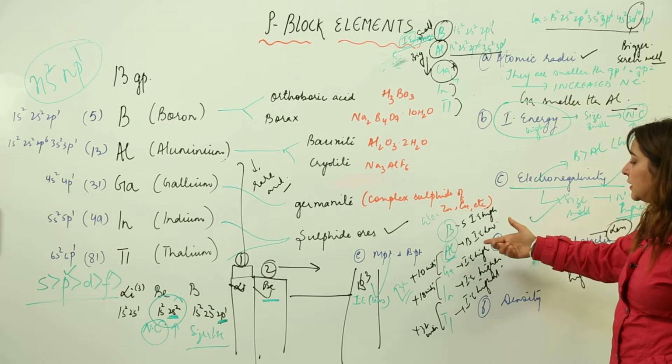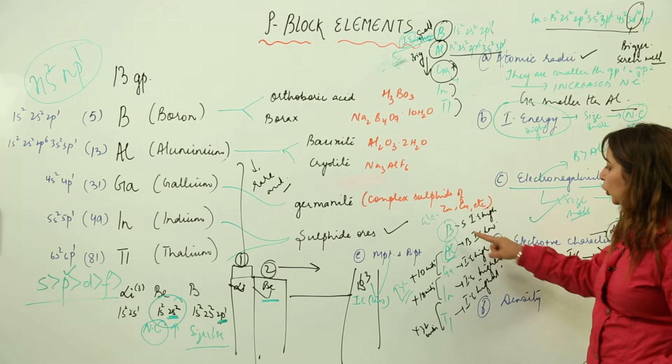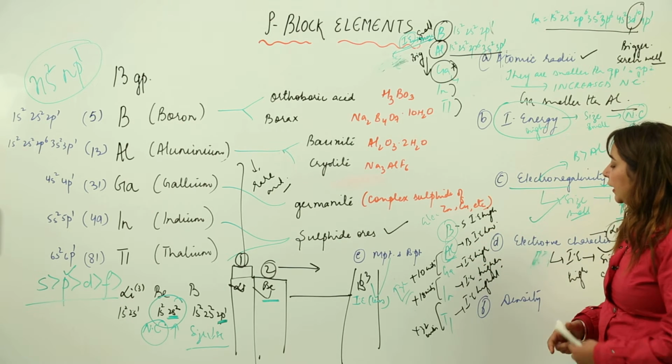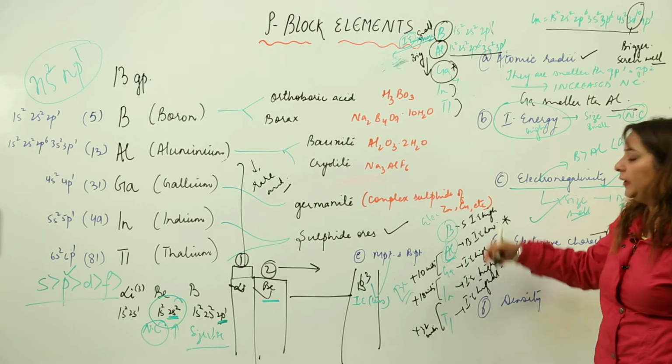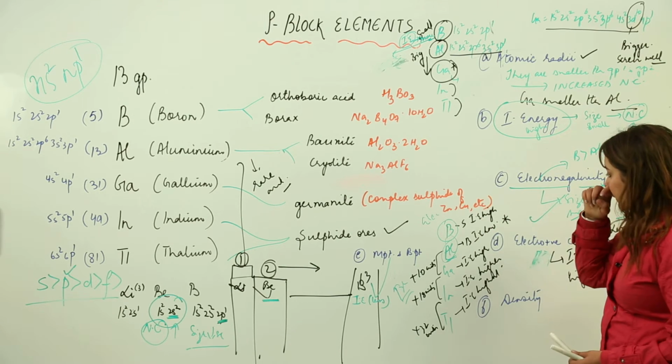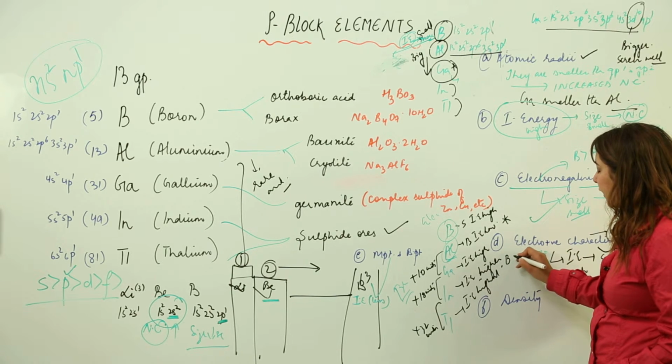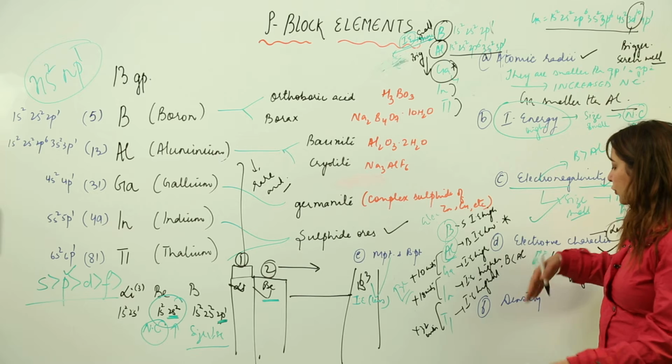So as we have discussed about the ionization energy, boron has higher ionization energy than aluminium. So electropositive character is more for aluminium as compared to boron. So we can say that electropositive character increases from boron to aluminium.